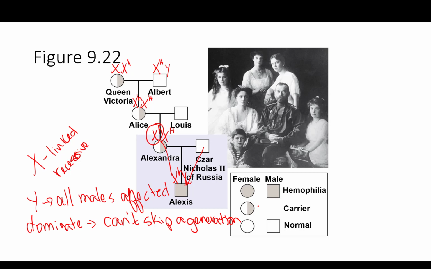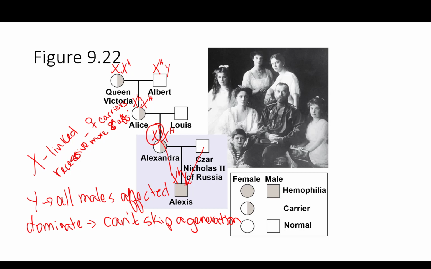X-linked recessive will have more males than females, and females are carriers. That's how you're going to know. So in this case, X-linked recessive, you have female carriers and more males affected. That's how you can try and determine that.